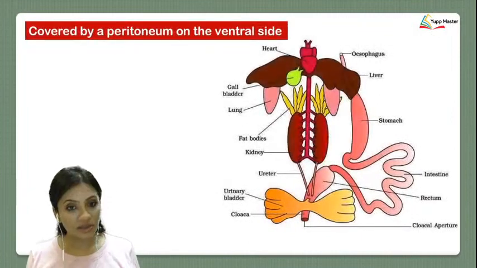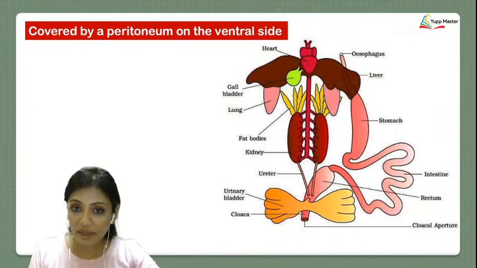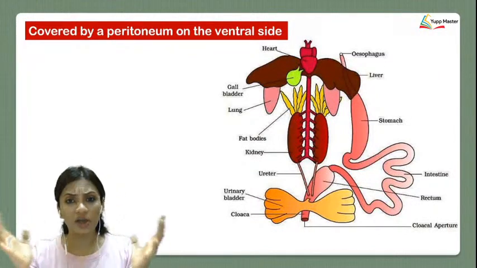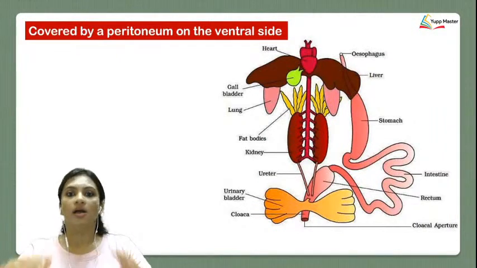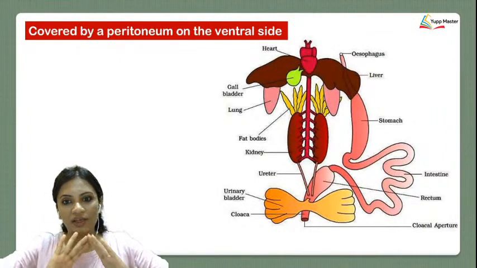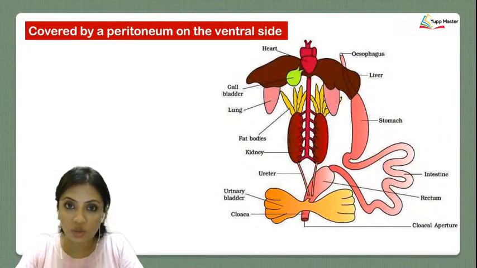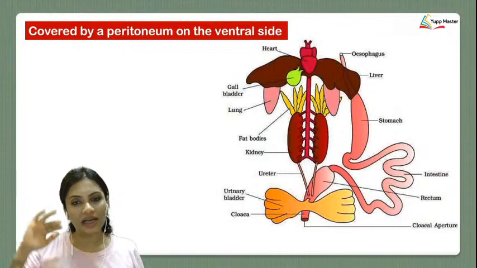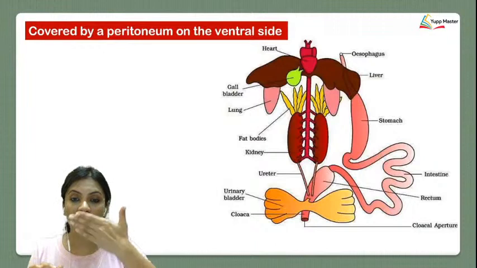Then we also see that they are covered by a peritoneum. Okay, what is peritoneum? Peritoneum was the whole layer of squamous epithelium which is covering all the abdominal organs. But remember one thing, that the peritoneum is going to be covering the whole digestive system, and these kidneys are going to be lying behind the peritoneum, and when they are lying behind peritoneum, then peritoneum is found only on their front surface.